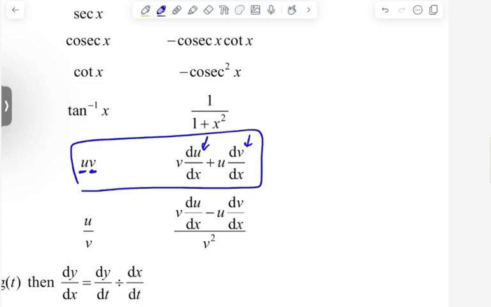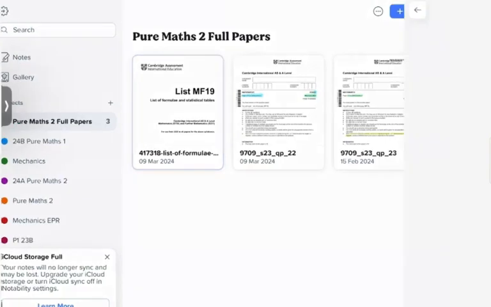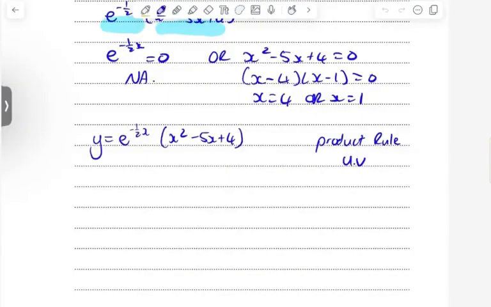I do something a little bit different. It is the product rule, exactly the same thing, but I do it by remembering that what you need to do is derive the first term and leave the second term. So I'm first going to derive my e. e stays e, but because it's a composite function, you also have to get the derivative of the inside function.